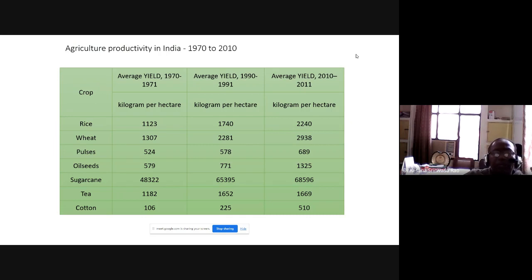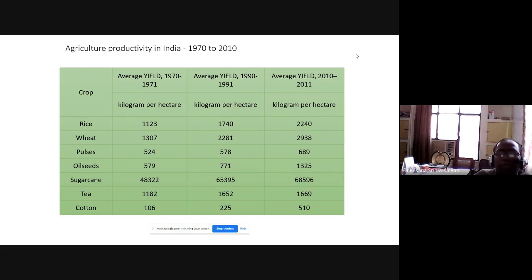Agriculture productivity, per hectare, per kilogram, has grown from 1971 to 2011. We can see that almost 100% it has grown up, in rice as well as wheat. Pulses have not grown that much. Oil seeds have grown more than two times.